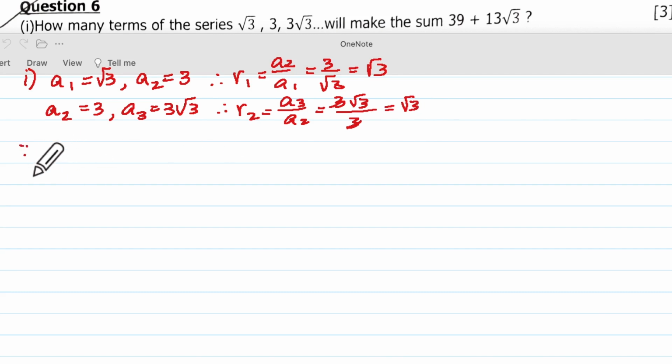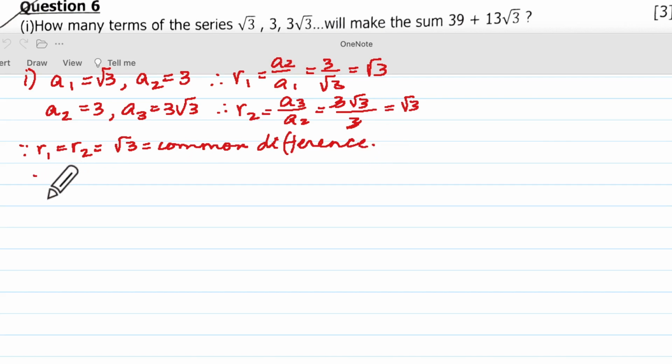Since R1 equal to R2 equal to root 3, which is the common ratio, therefore it is a GP with first term a equal to root 3, and the common ratio equal to root 3.